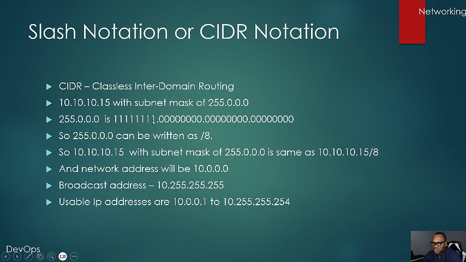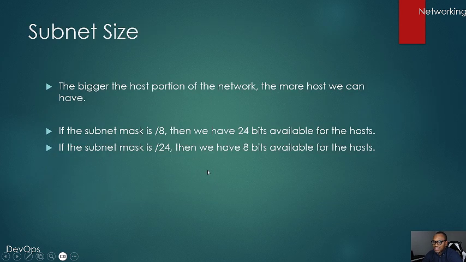So that means you can write it as /8. So that's 10.10.10.15/8. We know that the first 8 bits will be used for the network, and the remaining 24 bits will be used for the host. So that's that. Let's move on.